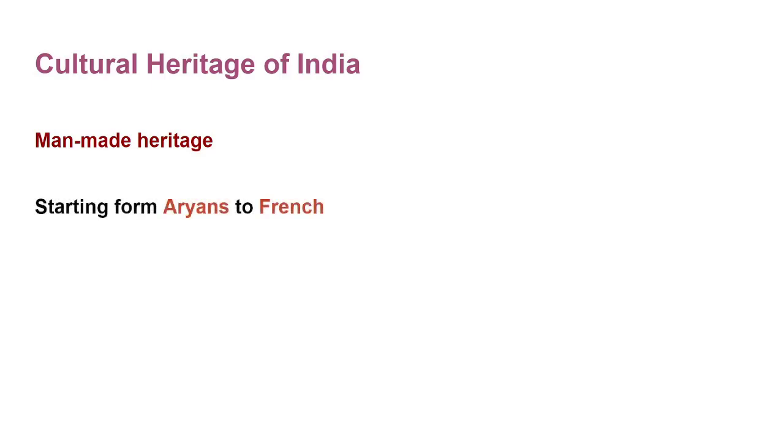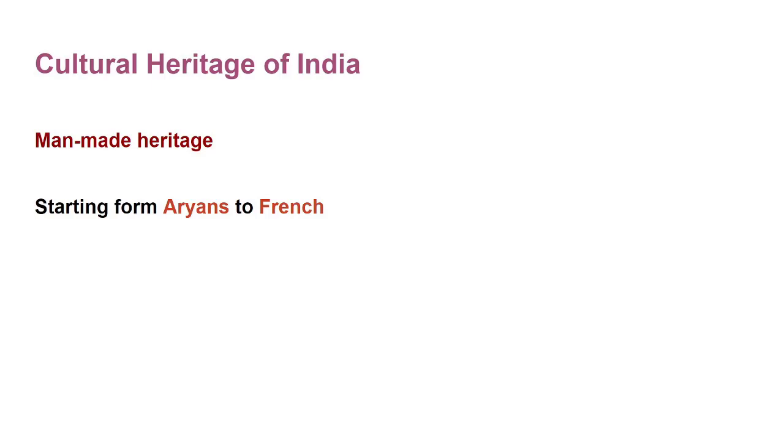Starting from Aryans, Kshatrap, Kushan, Huns, Persians, Turks, Arabs, Mughals, Britishers, French, etc., castes and tribes have come to India. Indian culture has become rich from the exchange between all these.